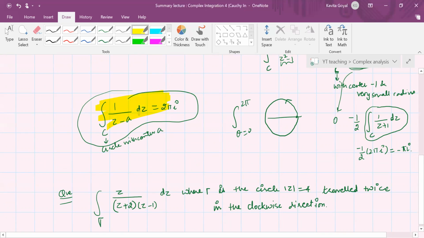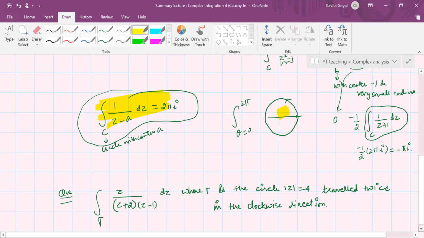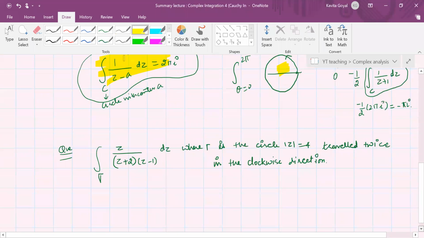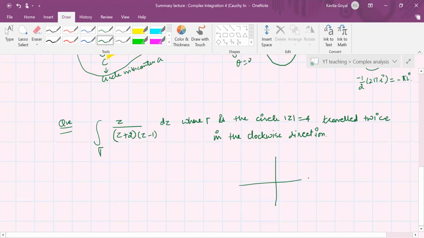Positively oriented means anti-clockwise: when you travel along the curve, the region should be to the left. Here you have to travel along this circle clockwise, twice. If you start from here, go around and then do one more round.